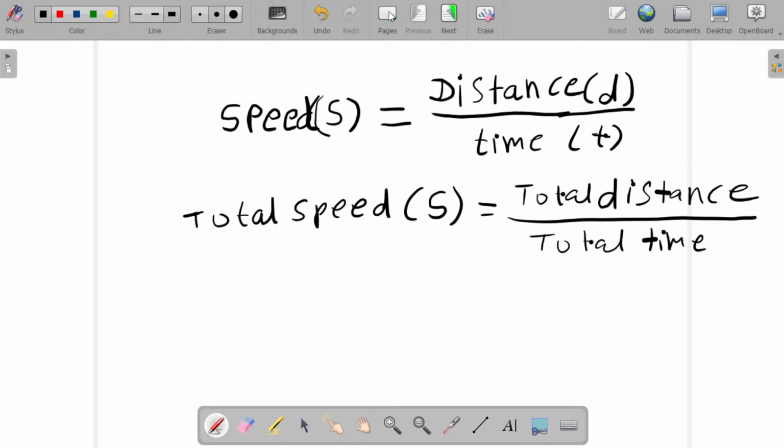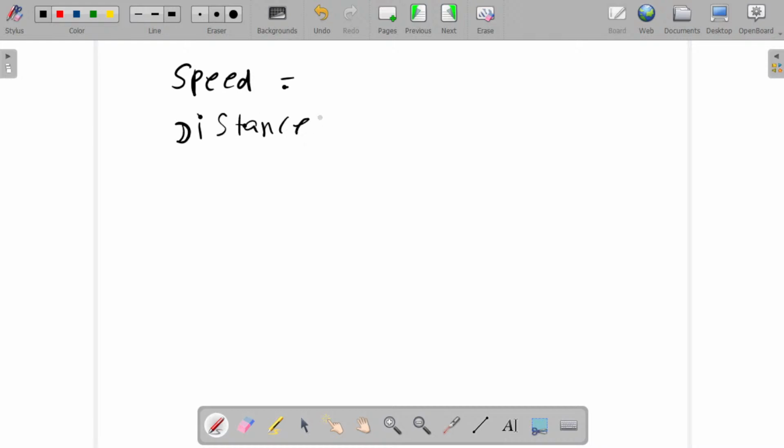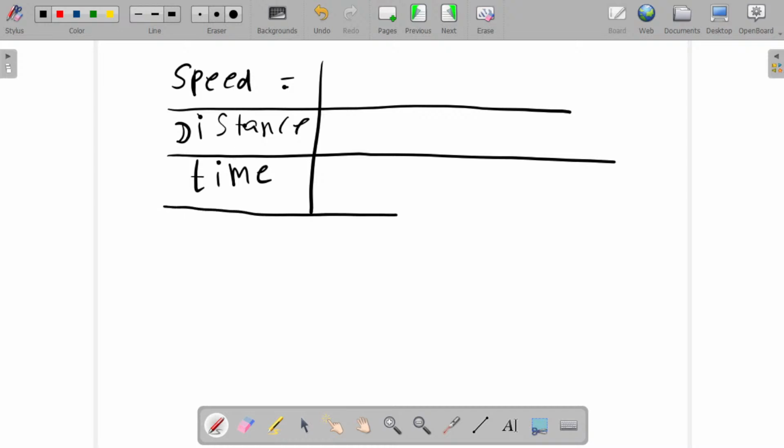Let's see some more basic things. There are units for speed, distance, and time. These are three quantities, and all three have some units. Let's make a unit table.